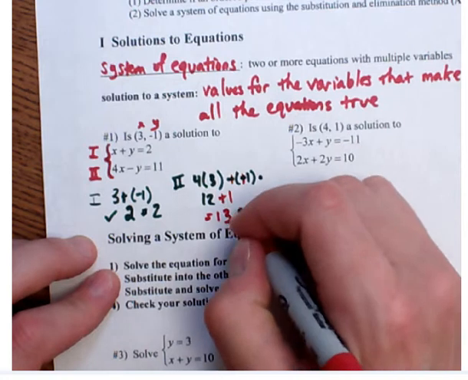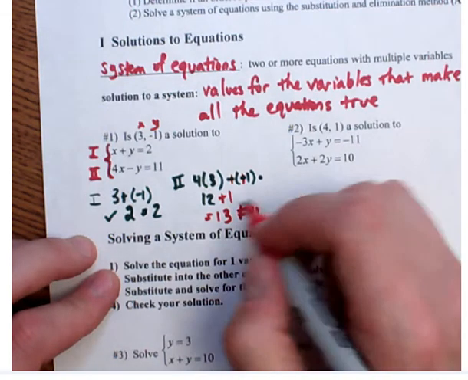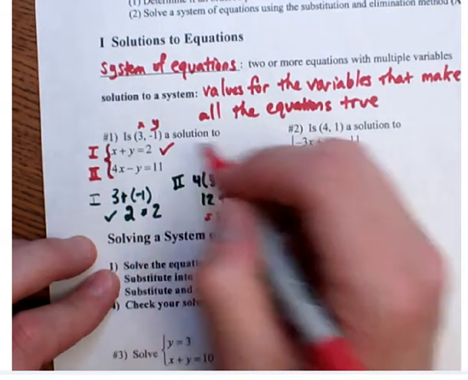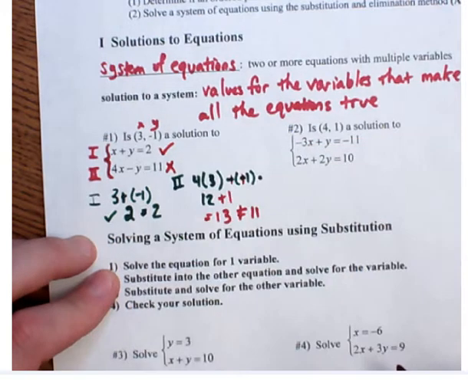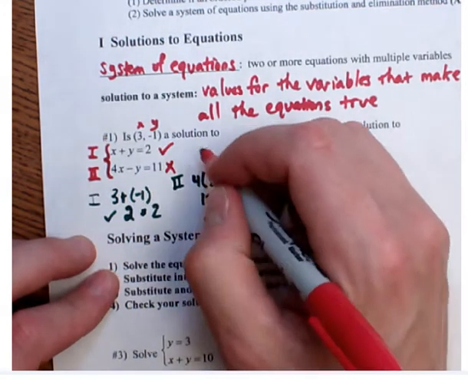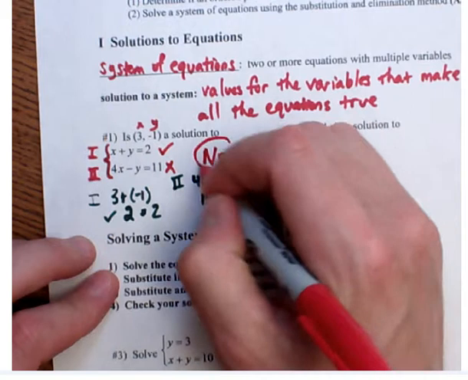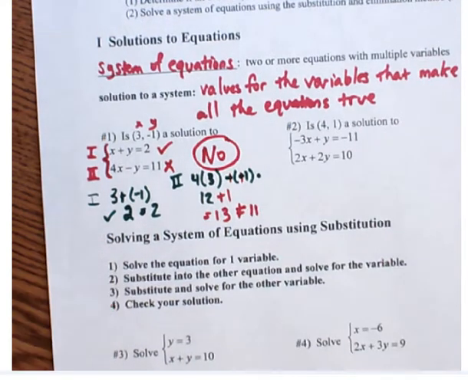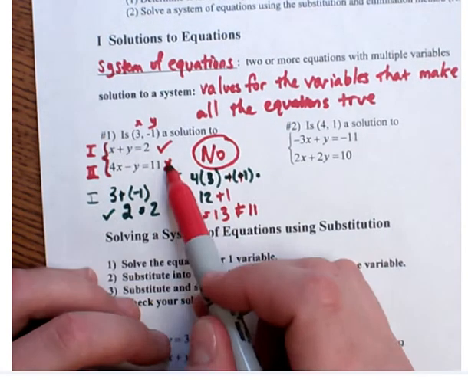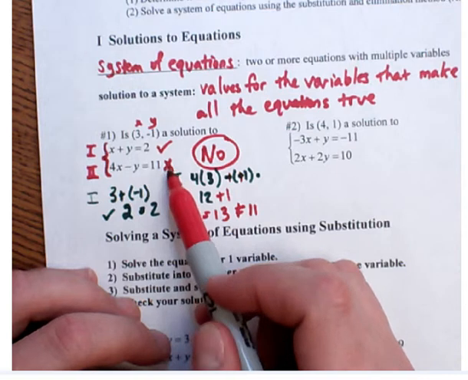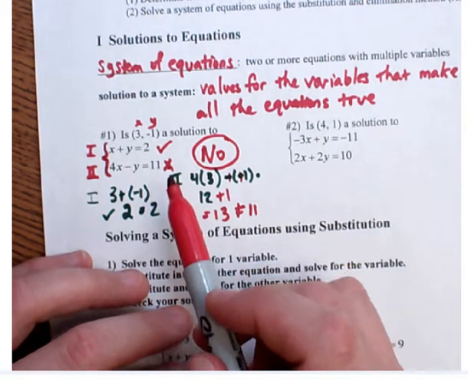So 13 is not equal to 11. So it works for the top equation, but it does not for the bottom. So is this a solution? No. It is not a solution. It has to make both equations true, and the second equation is not true.